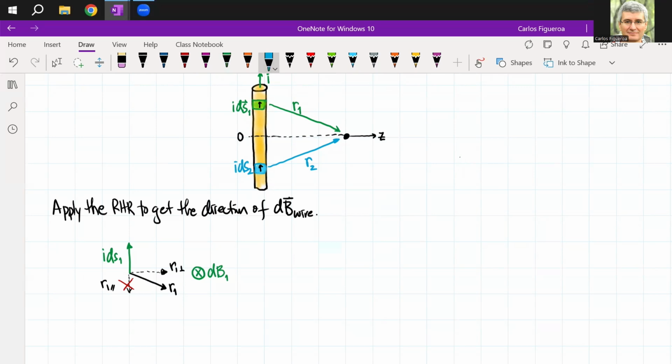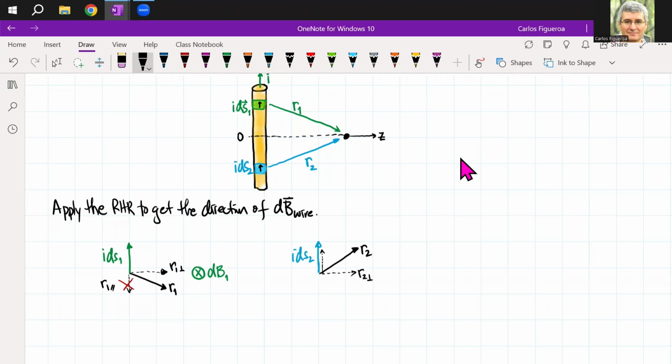Now, if I repeat the same process for charge element 2 here, you'll see that I'm going to have I ds2. When I look at that guy, you can see that it has a vector R2 in this direction, and we do the same thing. I make a parallel component and a perpendicular component.